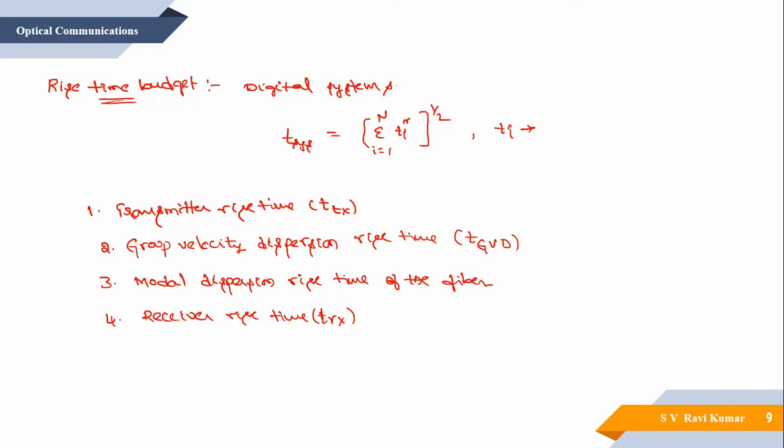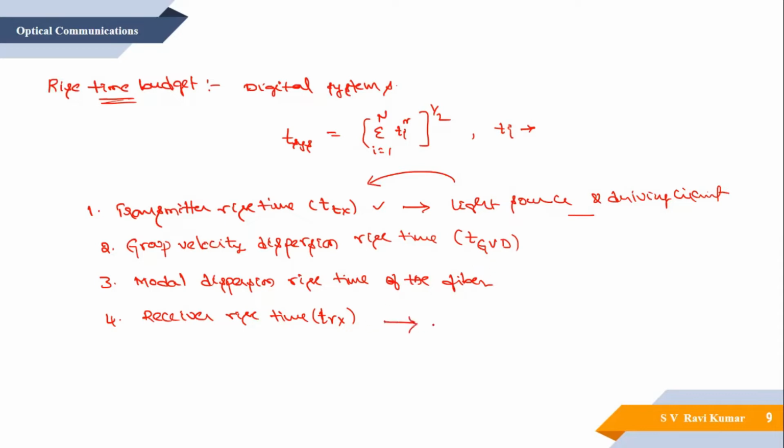In general, the transmitter rise time is due to the light source and its driving circuit. So you need to consider the response time of the light source and driving circuit. Both will contribute to the transmitter rise time.